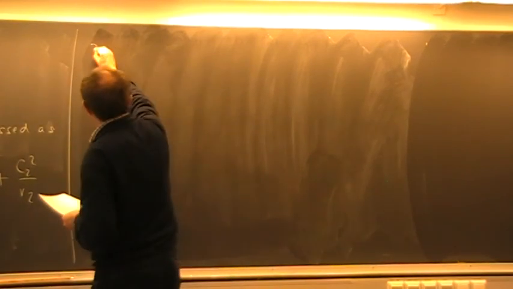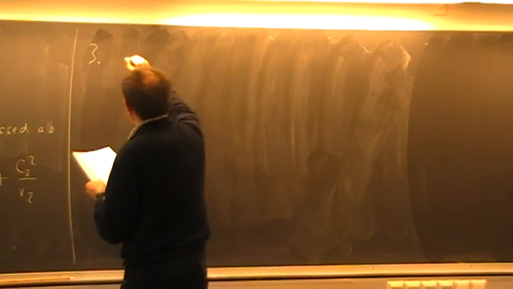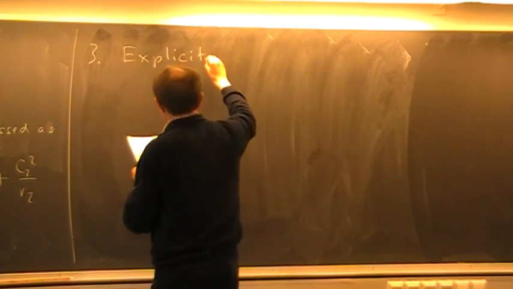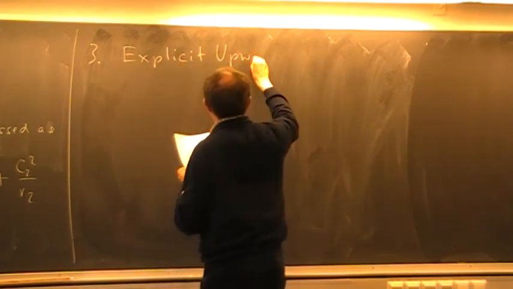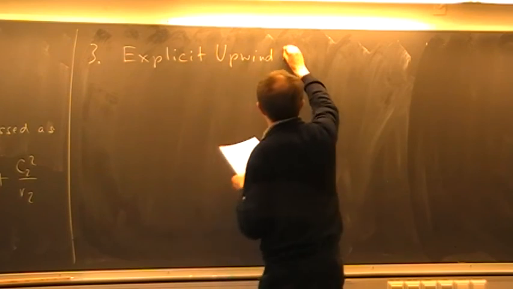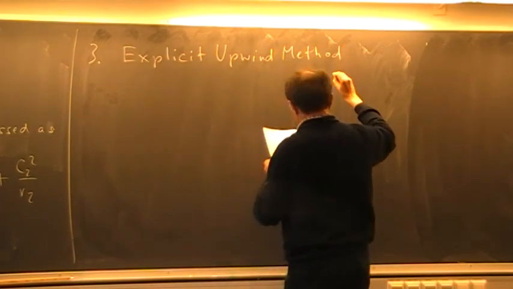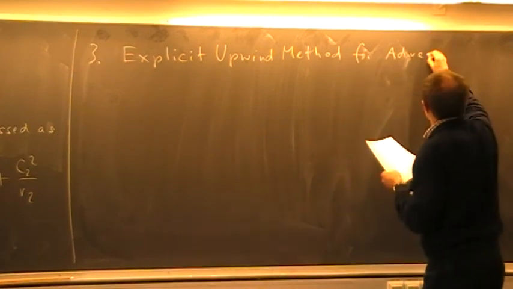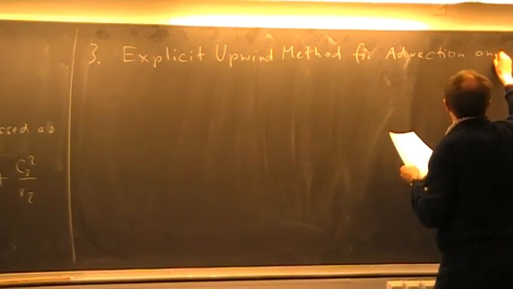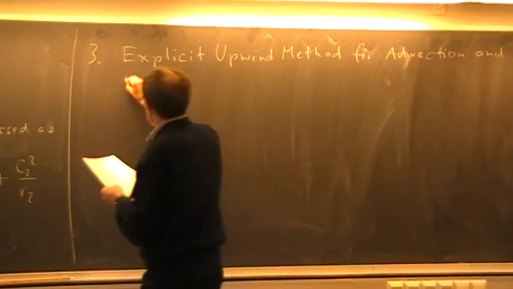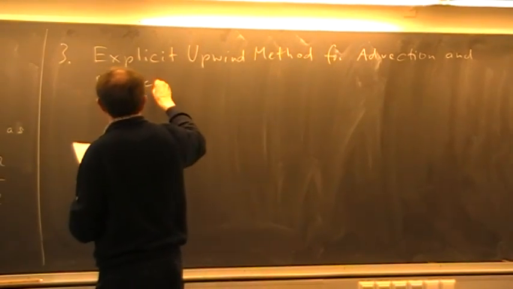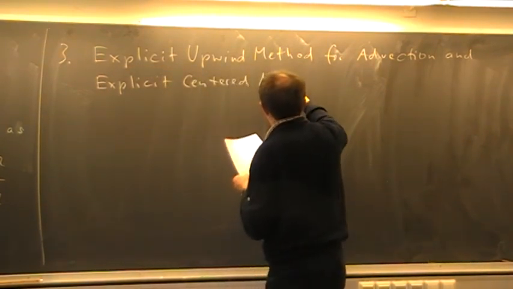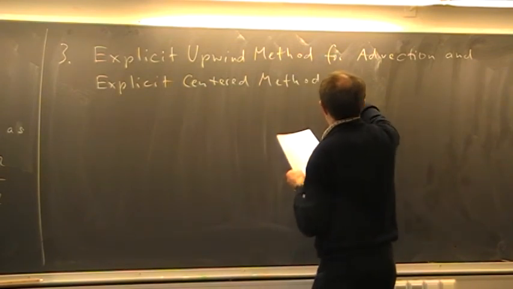So that is then the second scheme that we see, the explicit upwind method for advection and the explicit centered method for diffusion.